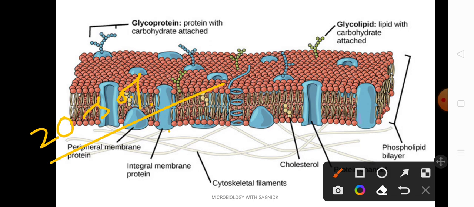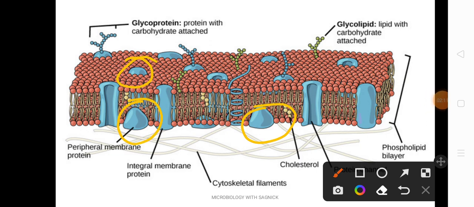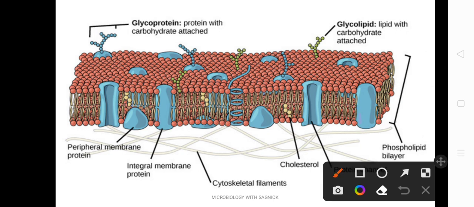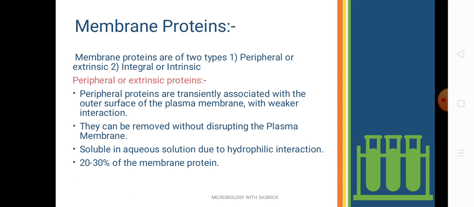As peripheral proteins are present in the periphery, they have to interact with water, no doubt about this, because in the cytosol water is present and in the environment also water is present, right? So obviously these peripheral proteins will be soluble in aqueous solution. That is the idea of peripheral protein.